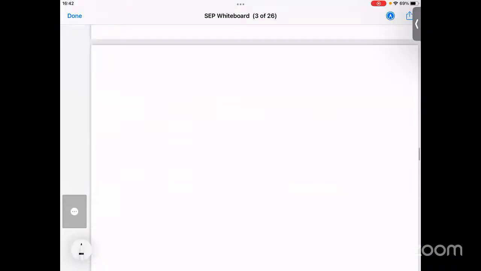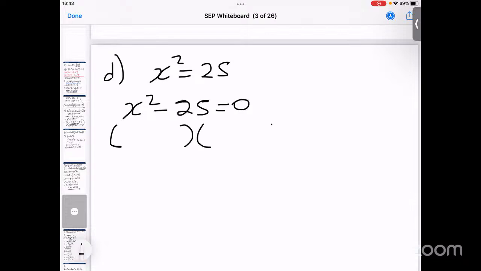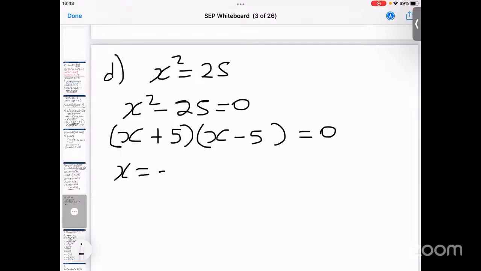So I think there it was problem D, where x squared equals 25, where I said you can take this 25 to this side, and then from there you can just have x there, obviously a plus 5 there and a minus 5 there, whereby x can therefore easily be equal to -5, or your x being equal to +5.